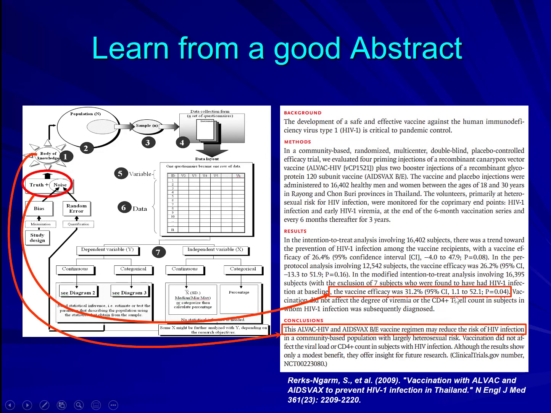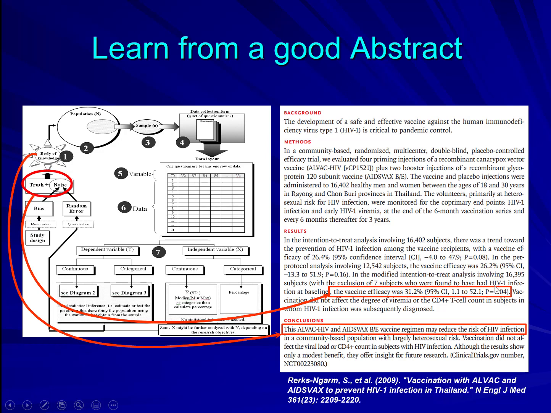All right. And another component of statistical inference is the hypothesis test, presented as the p-value. If the p-value is less than 0.05, we call it significant.